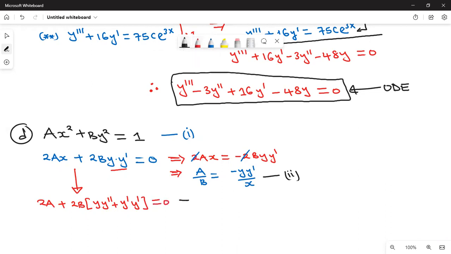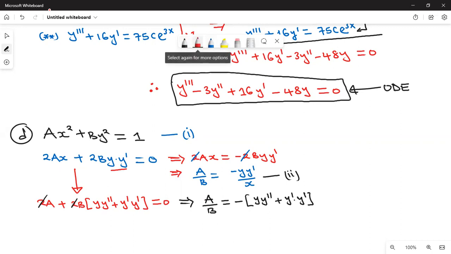And this can also be written as, you see, 2 and 2 will cancel. Now I want a over b. So from here, you can get a over b, make that the subject, is equal to negative of y double prime plus y prime times another y prime. So this will be our equation Roman 3.